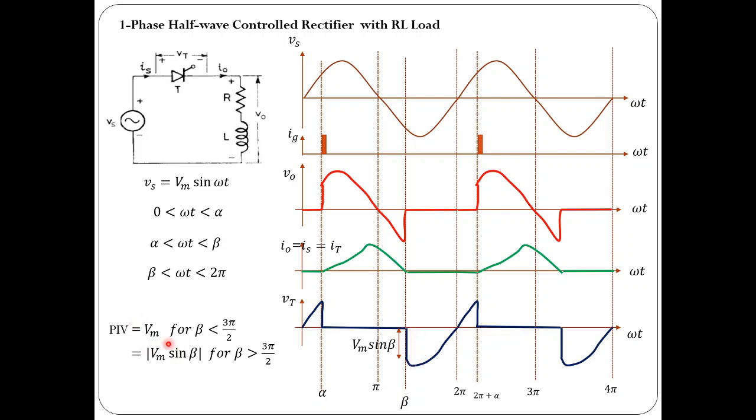In case beta is greater than 3 pi by 2, the maximum reverse voltage would be Vm sin beta. So the peak inverse voltage depends on the beta value. If beta is less than 3 pi by 2, it is equal to Vm, and if beta is greater than 3 pi by 2, it is equal to the magnitude of Vm sin beta.